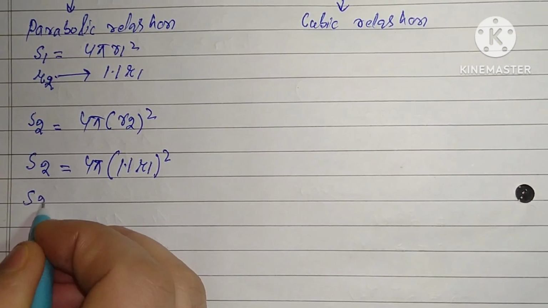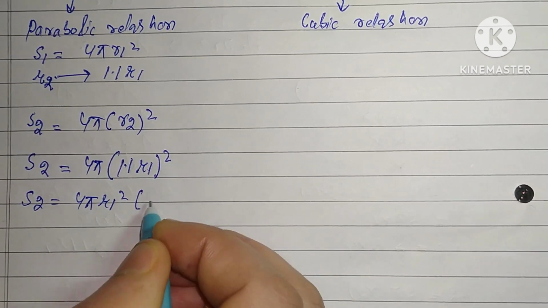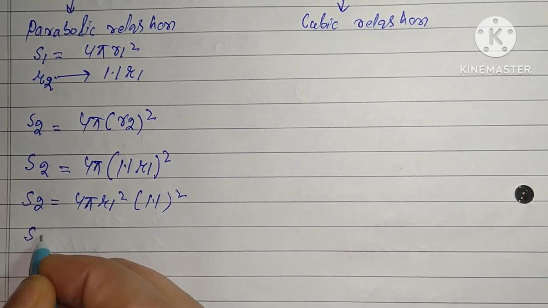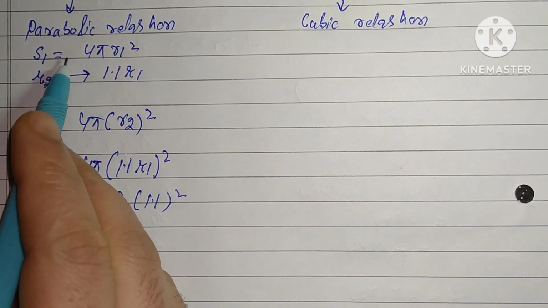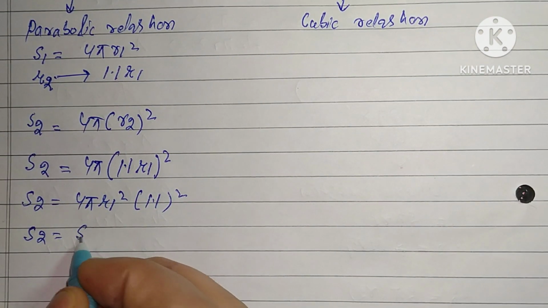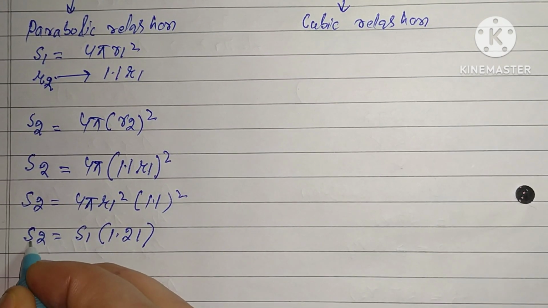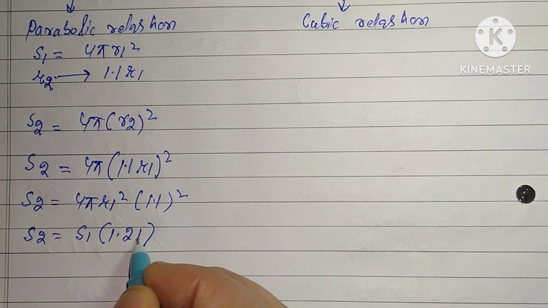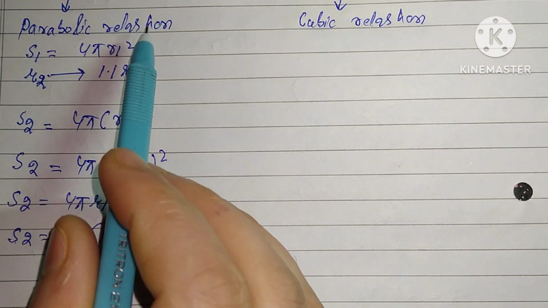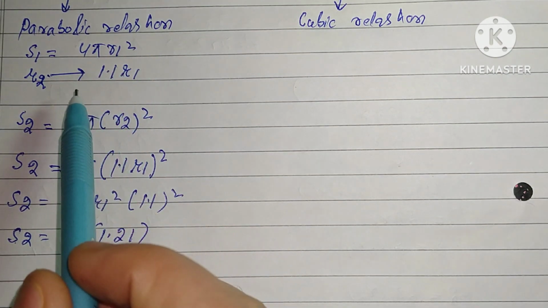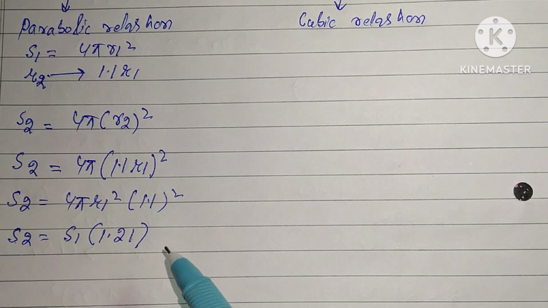By simplifying, S2 is equal to 4 pi r1 square and 1.1 square, which implies that S2 will be 4 pi r1 square, that is S1, and 1.1 square will be 1.21, which implies that surface area will increase by 21%. Here it is parabolic relation, so the increment will not be equal to the 10%. It will be equal to 21%.